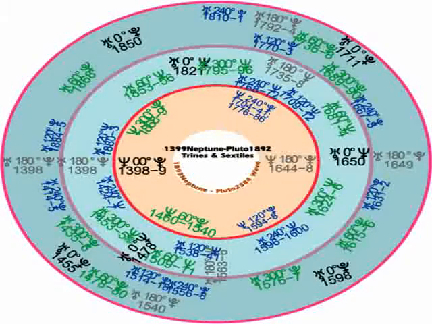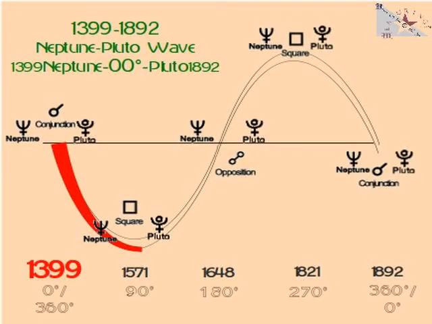One thing with Neptune-Pluto waves, they all have a mirroring circumstance where you have 2 transits of 80 to 100 years each. So with the last wave, 1399 Neptune-Pluto 1892, we had a sextile, a 60-degree relationship between Neptune and Pluto, that lasted off and on between 1460 and 1540.